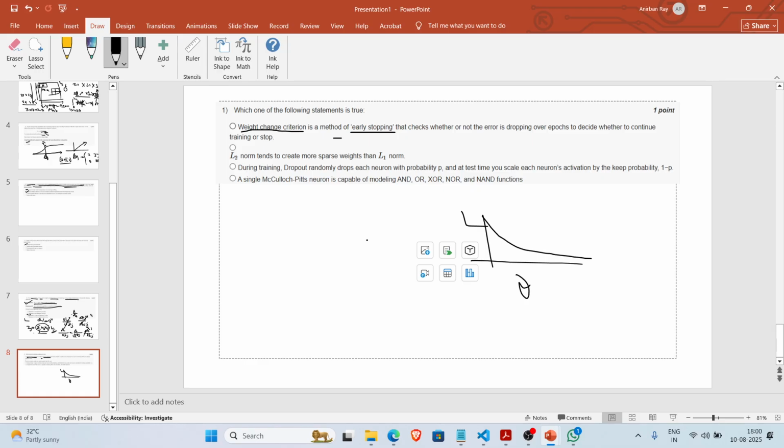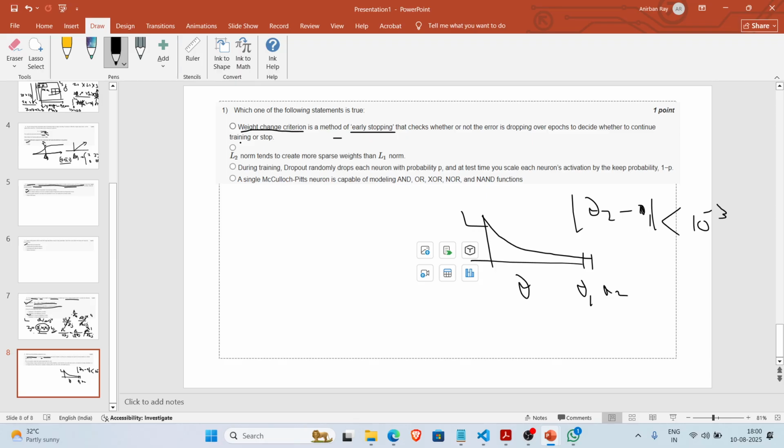Weight change criteria is not used for this. Early stopping is usually done like this: suppose you have theta 1 and theta 2. See the difference between theta 1 and theta 2 and check if it is less than, suppose, 10 to the minus 3 or somewhat smaller.